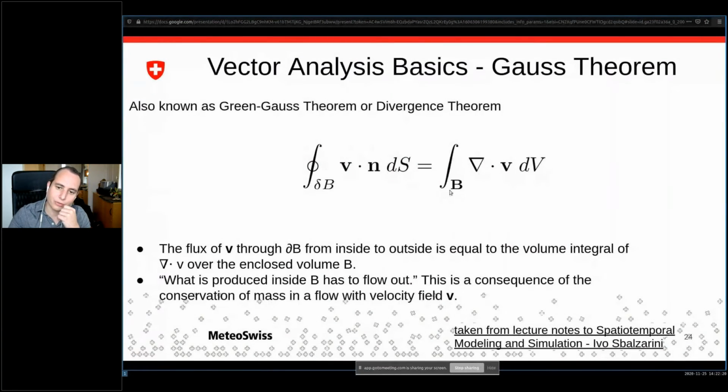And if we integrate the source strength in a volume V over the whole volume, then all of this stuff which is produced inside volume V needs to flow over the boundary of the volume, which we can then add up with this surface integral. So all this means is all of which is produced in a volume V has to flow over the boundary of the volume V.